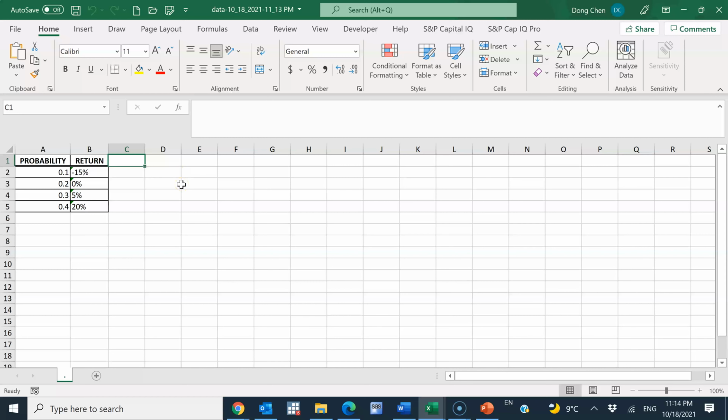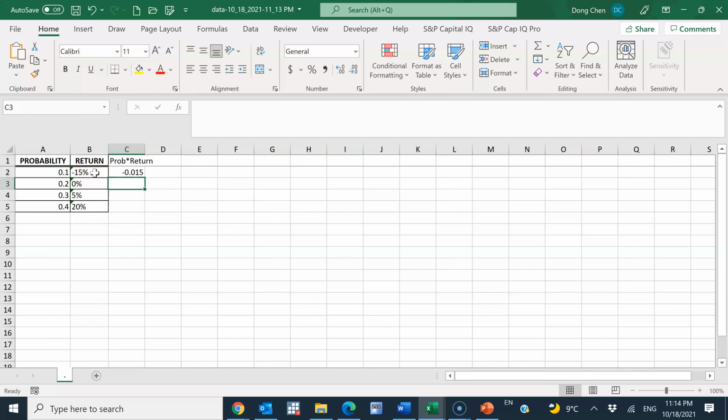And to calculate the weighted average, we just need to sum up the product of the probability and the return under a given economy state. So here I just calculate the product of the probability and the return. So just equal the probability times the return.